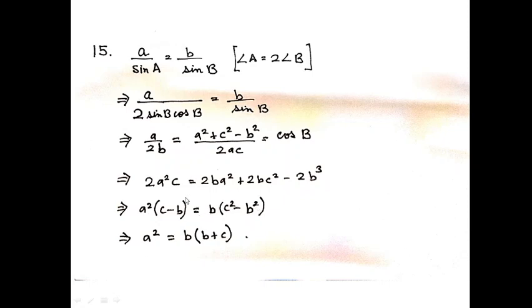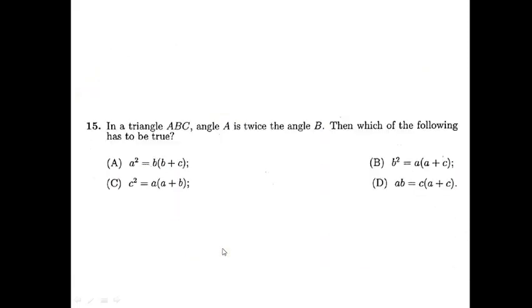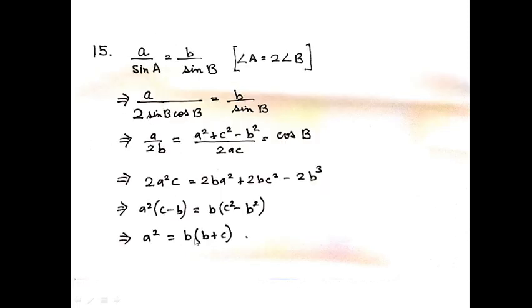Now c minus b cancels out because c is not equal to b. So a square equals b into (b plus c). So our answer is a square equals b into (b plus c).